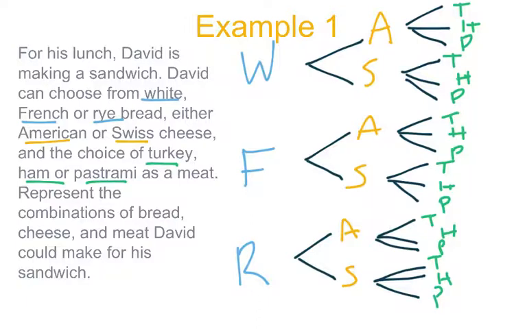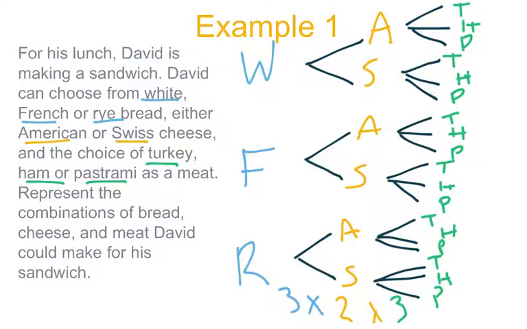Now let's say they wanted to know what's the total number of outcomes, right? We listed it. Now you want to know what's the total number of sandwiches that David can make. To do that, we're just going to multiply each option together, right? So for bread, he had 3 options, times for his cheeses, he had 2 options, times his 3 options for meat, right?